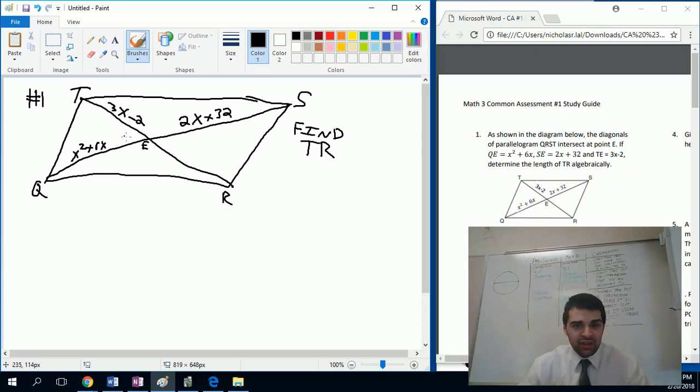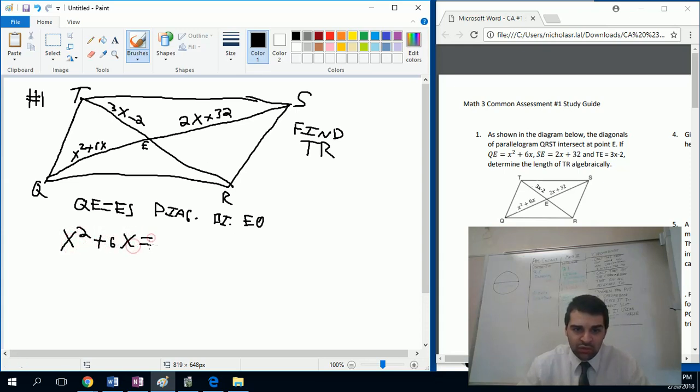So this diagonal bisects the diagonal QS, which means QE is equal to ES, because diagonals bisect each other. Therefore, QE is x squared plus 6x, and ES is 2x plus 32. So x squared plus 6x is equal to 2x plus 32.